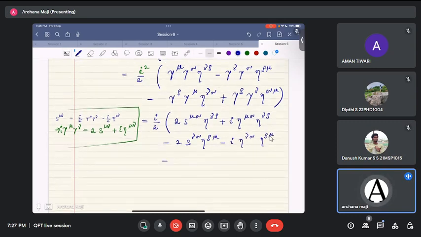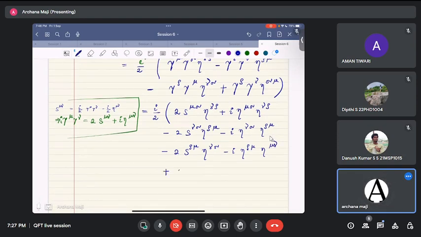Okay, minus 2s rho mu eta nu sigma minus i eta rho mu eta mu nu plus 2s rho nu eta sigma mu plus i eta rho nu eta sigma mu.